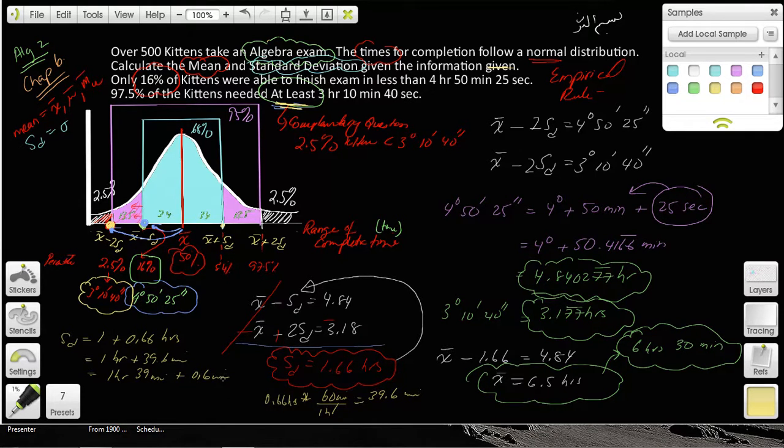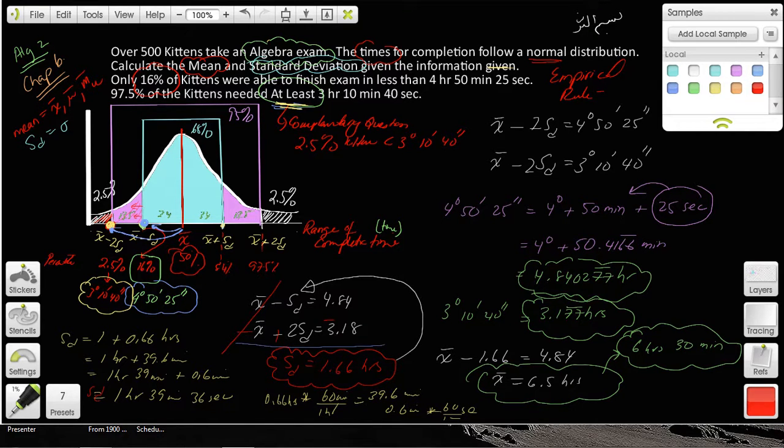Now it's converting that to seconds. 0.6 minutes, 1 minute is 60 seconds, so you multiply 0.6 by 60, you get 36. So this becomes 1 hour, 39 minutes, and 36 seconds. That's the standard deviation expressed as hours, minutes, and seconds.